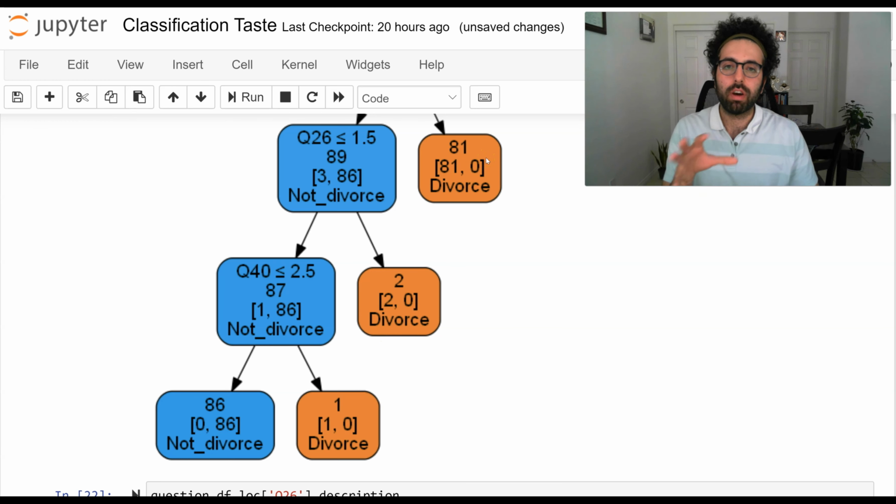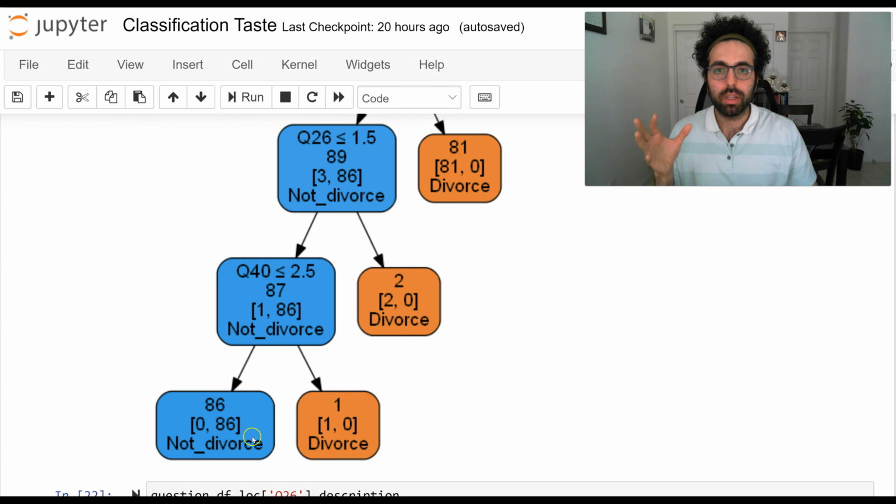Basically, I'm using some decision tree language. It means that these leaves, or these end branches, are of one label. You see, all of those values are not divorced. But this one is not pure because there are 3 of them that are divorced, but 86 of them are not divorced. If you watch or learn about decision trees, you'll understand what I mean better.